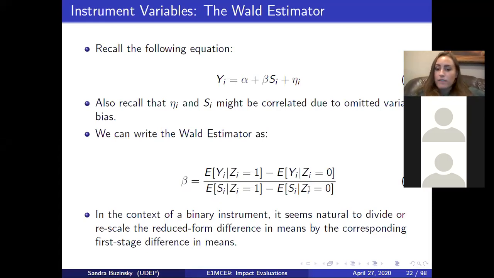So that's why we have this denominator. Otherwise, it's the same as our randomization difference of means, right? So it's super simple, actually. So it's always our reduced form equation. So this is our treatment effect for the reduced form divided by the treatment effect for the first stage.